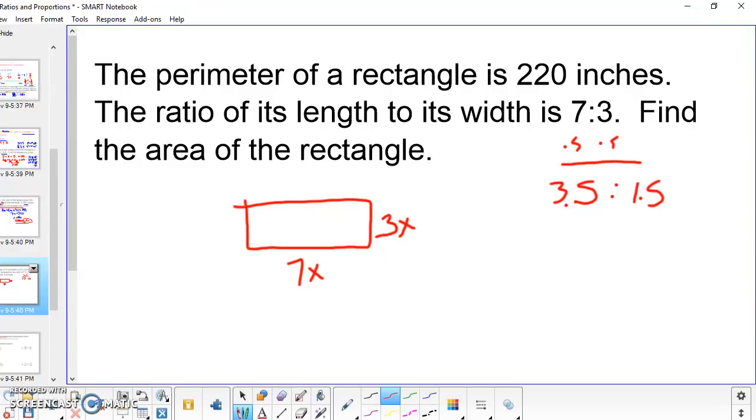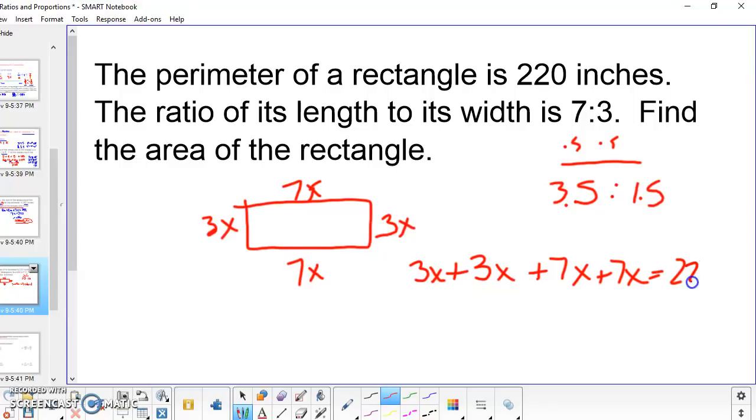Now, can I add 3x plus 7x to get to 220? No, because that's not the perimeter, right? The perimeter, I have to add all four sides, and because it's a rectangle, I know that opposite sides are congruent. So I would have 3x plus 3x plus 7x plus 7x equals 220. And then I could solve that piece. So 7 and 7 is 14, 14 and 6 is 20.